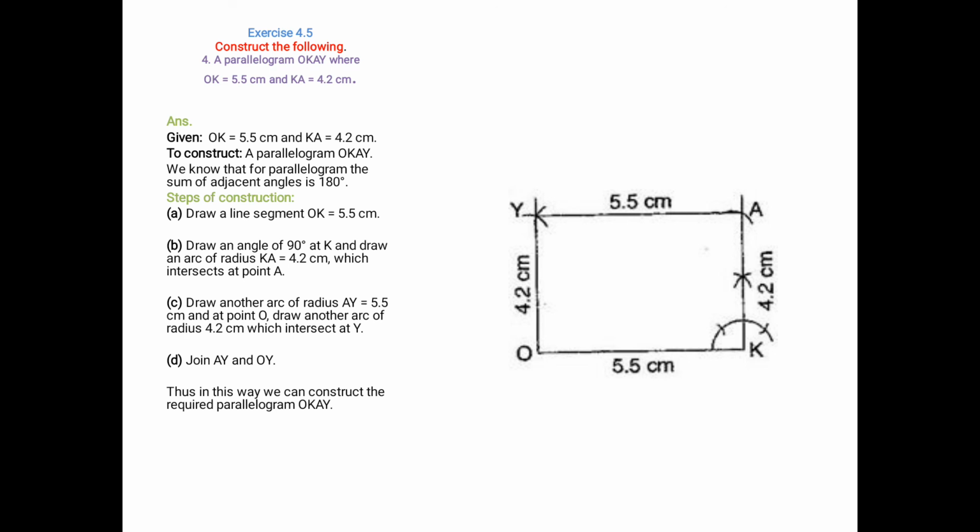Here, draw an angle of 90 degrees at K and draw an arc of radius KA equals 4.2 cm which intersects at point A. Draw another arc of radius AY equals 5.5 cm and at point O, draw another arc of radius 4.2 cm which intersects at Y. Now join AY and OY. Thus, in this way, we can construct the required parallelogram OKAY.